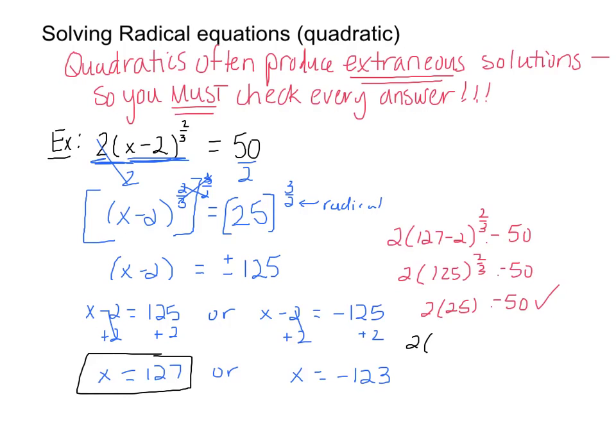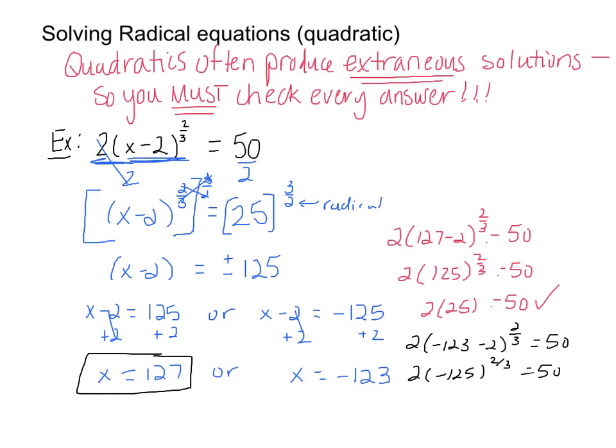So 2 times negative 123 minus 2 to the 2/3 power. Hopefully that equals 50. So we have 2 times negative 125 to the 2/3 power. And remember, the 2/3 means 3 is the radical, so we're taking the cube root of negative 125.